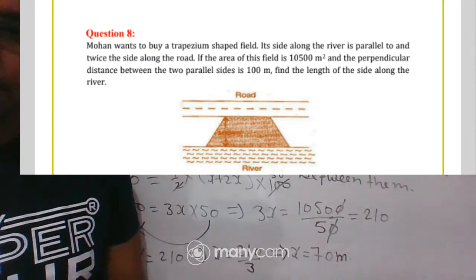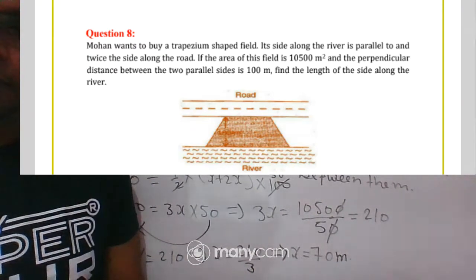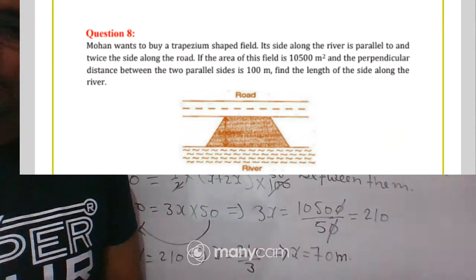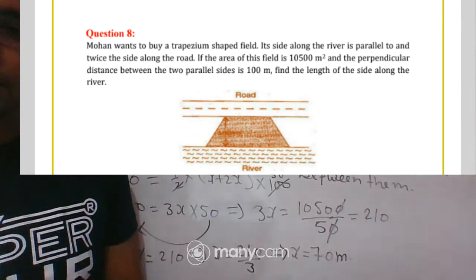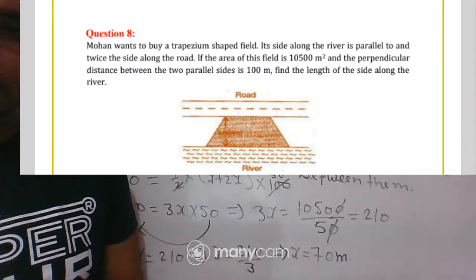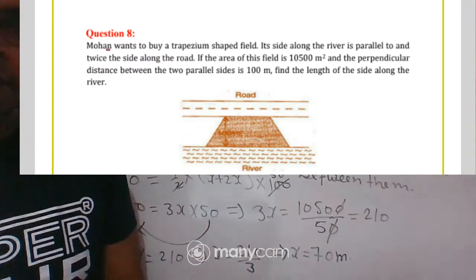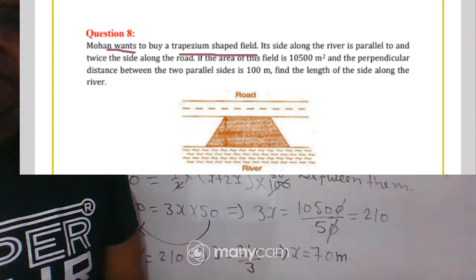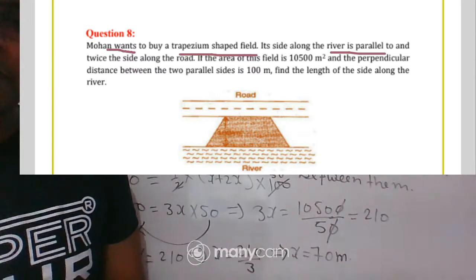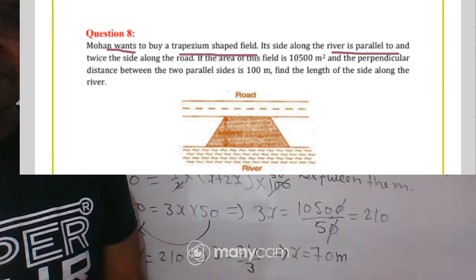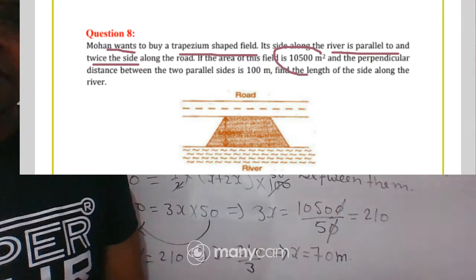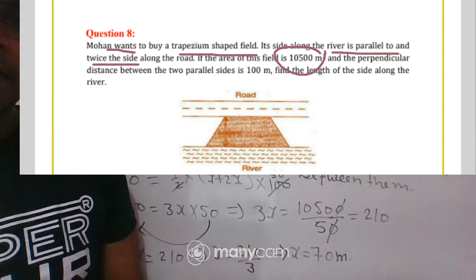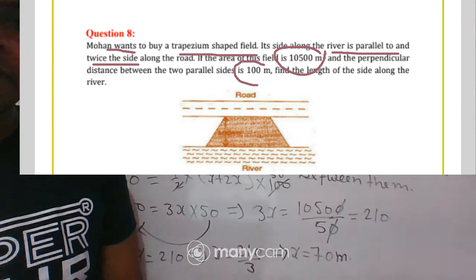Here given is the trapezium shaped field, and the river side is parallel to and two times the road side. The area of the field is 10,500 and the distance between them is this.